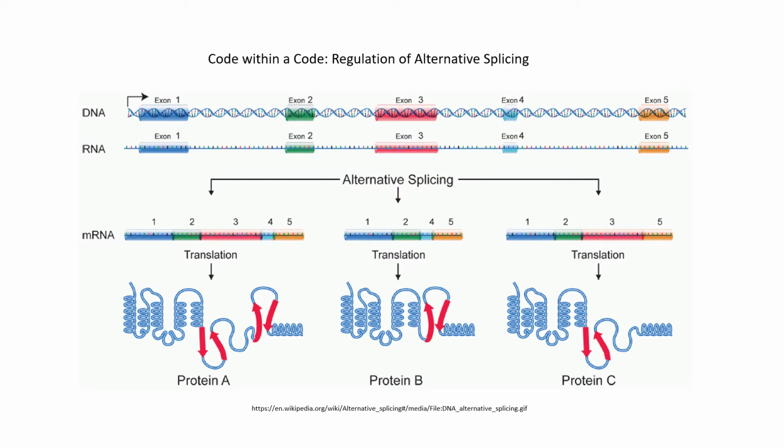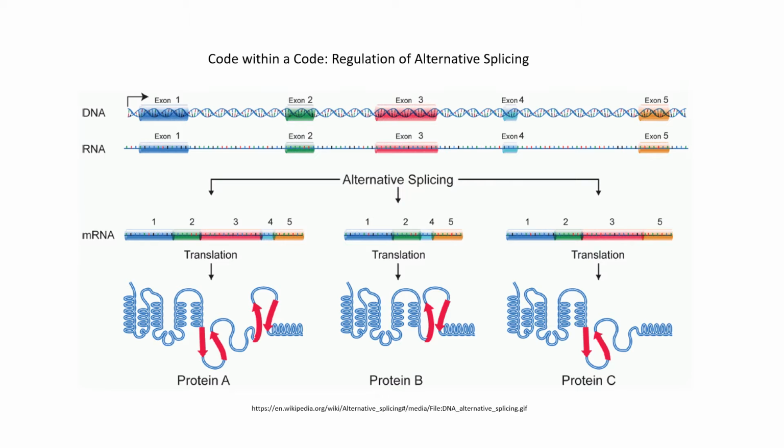The exons are the regions that will be expressed as protein. And so we see that when the RNA is made, you have exon 1, exon 2, exon 3, exon 4, exon 5. Well, there can be selective splicing to make different messenger RNAs that will then make proteins.